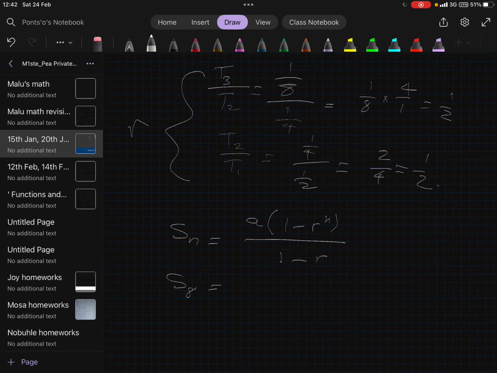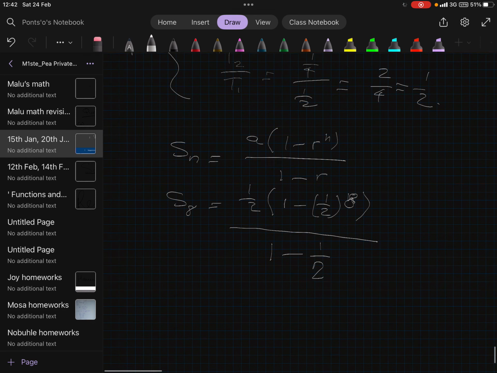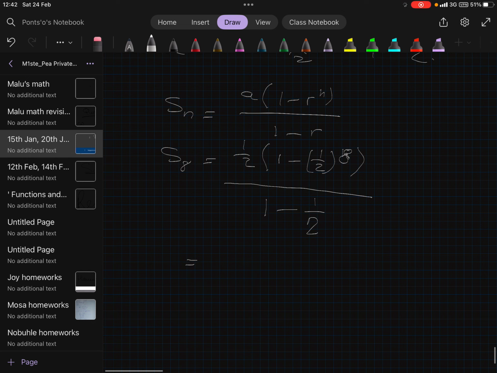The sum to the 8th term becomes: our first term is a half, our constant ratio is also a half, n is 8, and 1 minus r is 1 minus a half. When we do the math, a half to the power 8 gives us how much? 2, 4, 8, 16, it's about 256 or something like that.